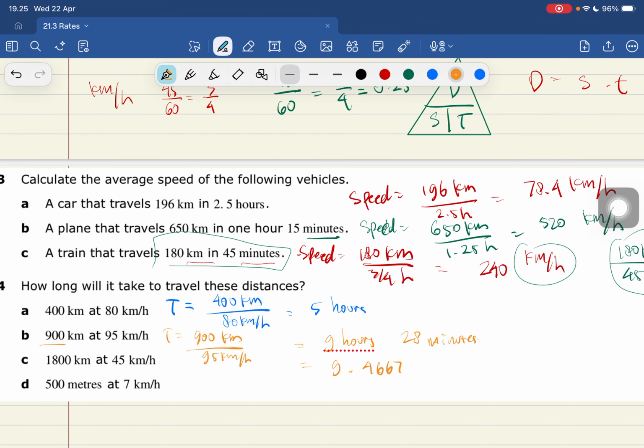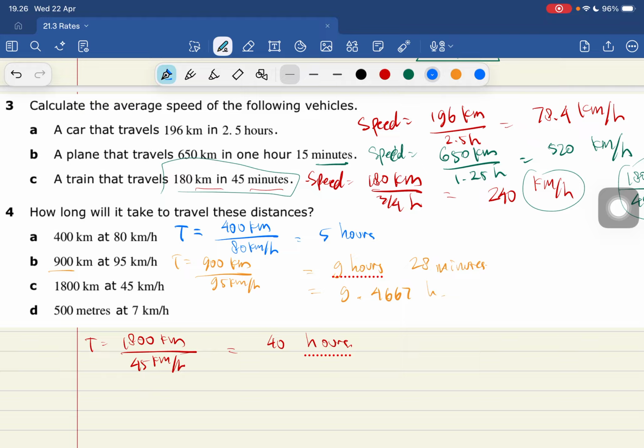For D, the distance is in meters, so we need to change meters into kilometers. So 500 meters to kilometers. So the time for D, we make it into kilometers, as the unit is kilometers per hour.